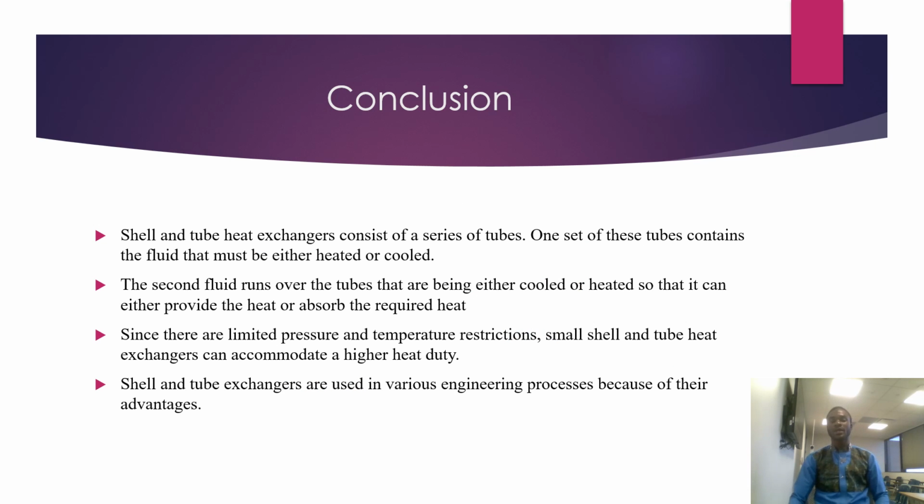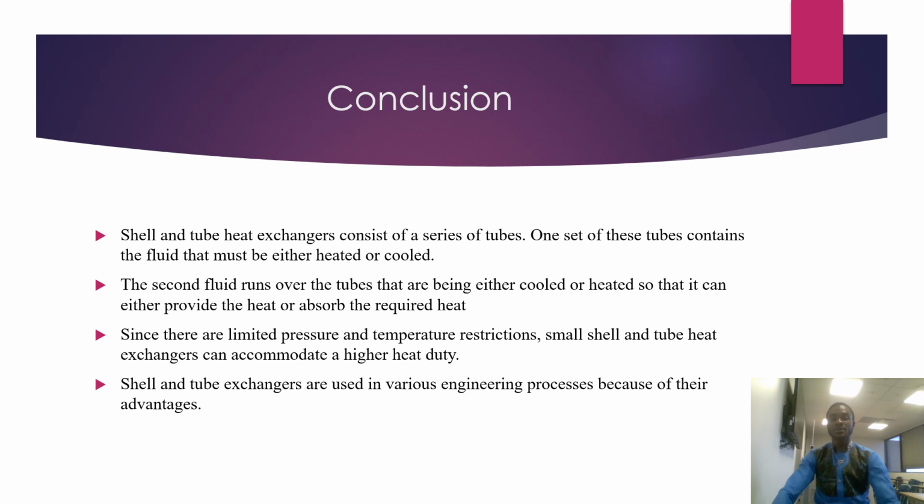And in conclusion, we can say a shell and tube heat exchanger is one of the very well-known heat exchangers because of some advantages, like in terms of the pressure drop. Shell and tube heat exchangers consist of a series of tubes.